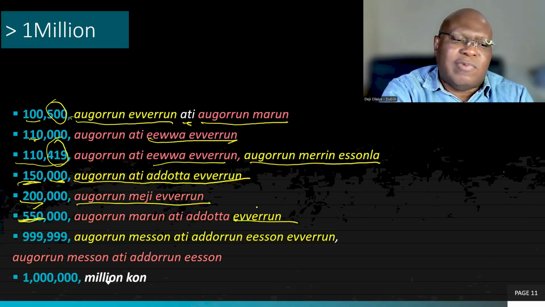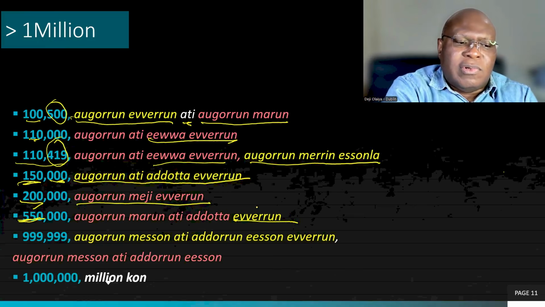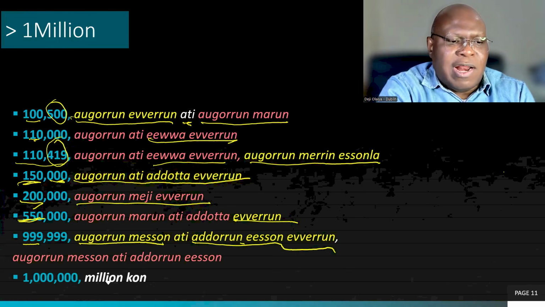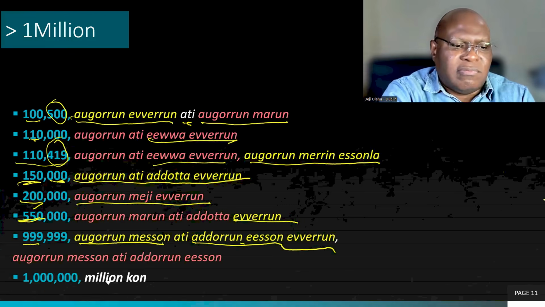999. What is that in Yoruba? So this is ọgọ́rùn-ún mẹ́sàn-án ẹgbẹ̀rún. But because there's 99, ọgọ́rùn-ún mẹ́sàn-án àti àádọ́rùn-ún ẹ̀sán, 999 ẹgbẹ̀rún. 999,000.